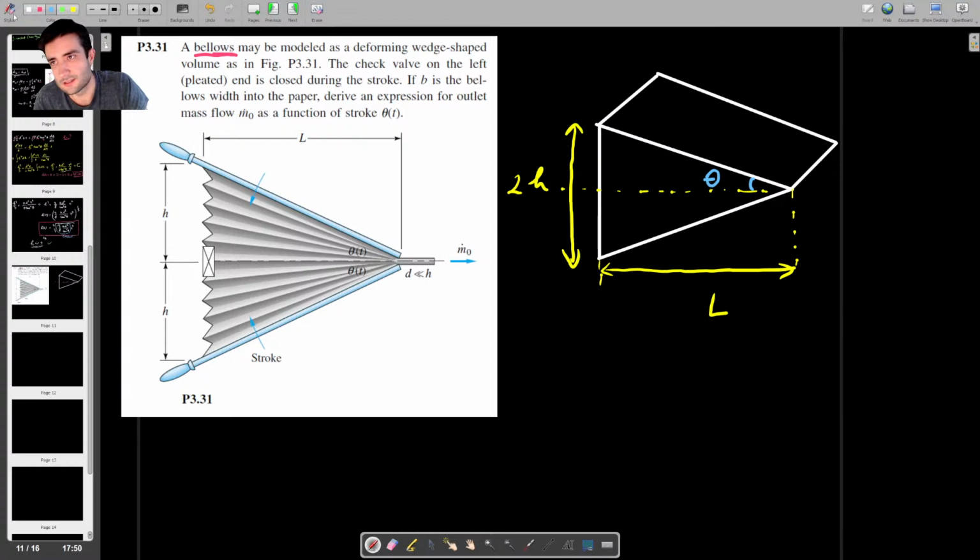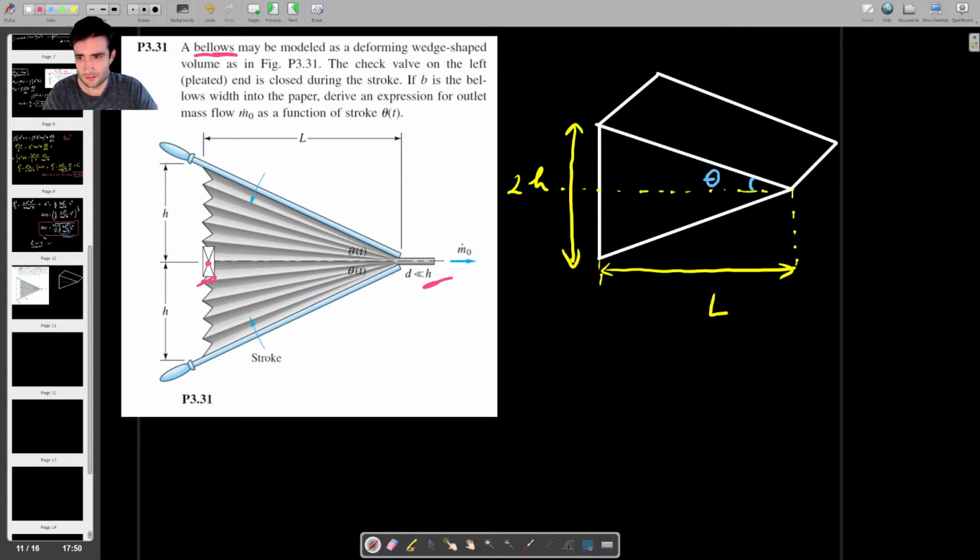And then it says the check valve on the left. So there's a valve here. And while you're performing the stroke, that valve is closed, which makes sense, because if you imagine there's a hole here, when you perform the stroke, air is going to come out on both sides, and you don't want that. If this is pointed towards something like a fire, you want all the air to come out through here, and you don't want any unwanted leakage coming out from the back.